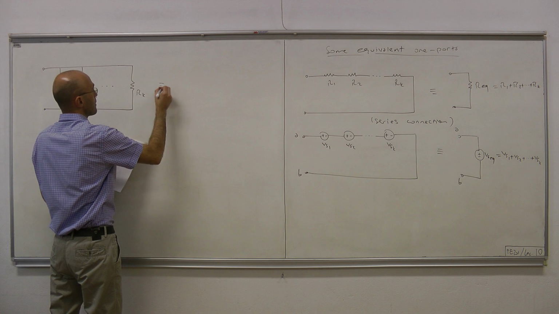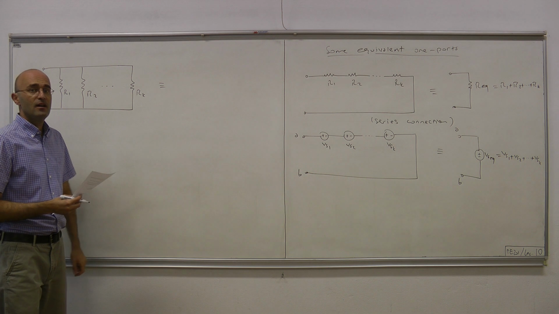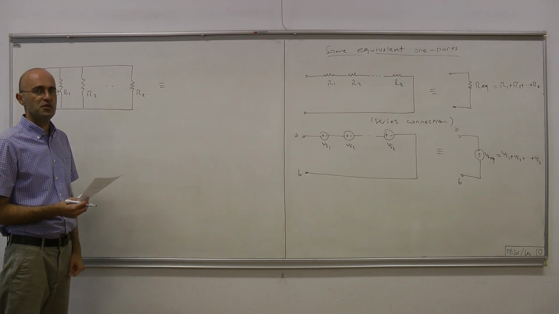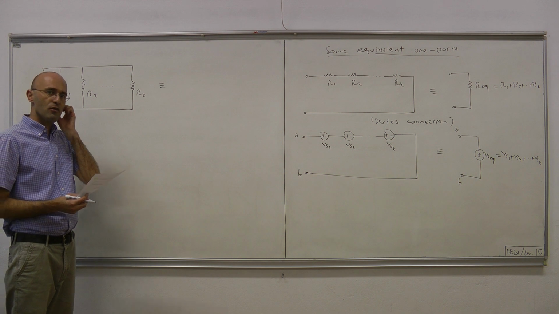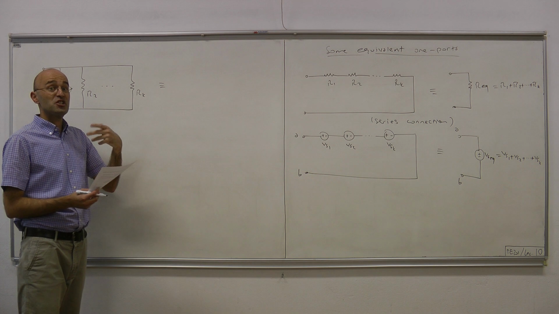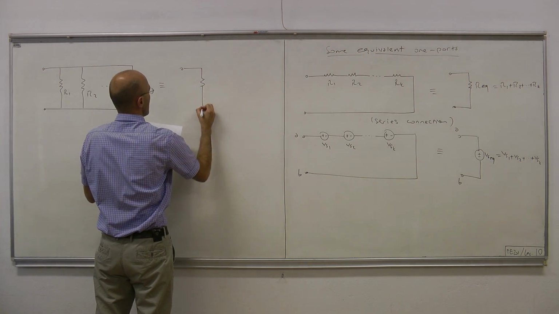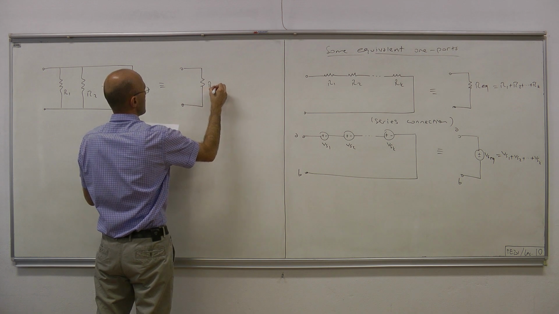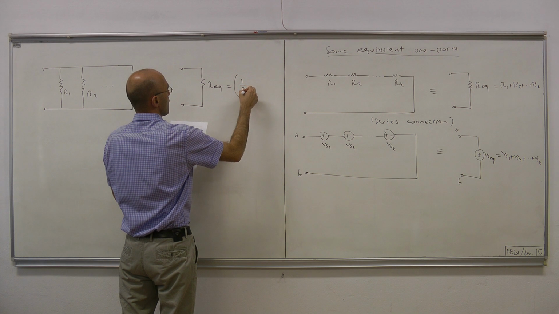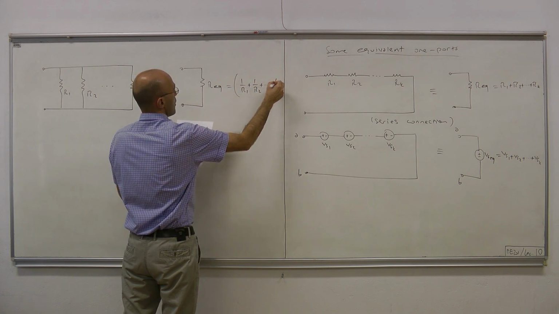And this one port, which contains K individual components, can be represented by a single LTI resistor, provided that the resistance of that resistor is such that R equivalent is 1 over R1 plus 1 over R2 plus up to 1 over RK, all inverse.